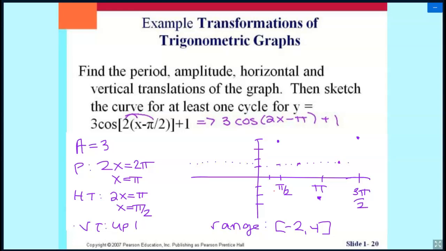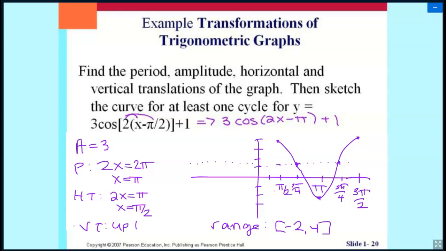So in the middle of pi halves and pi would be 3 pi fourths and 5 pi fourths. And again, the zeros are going to occur not on the x-axis, but shifted 1 unit up.